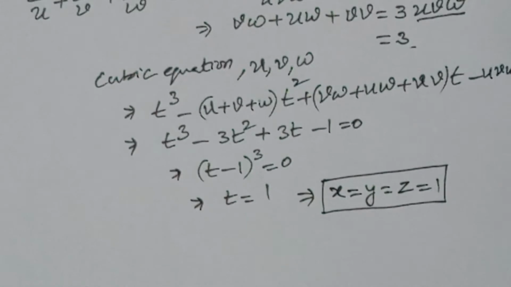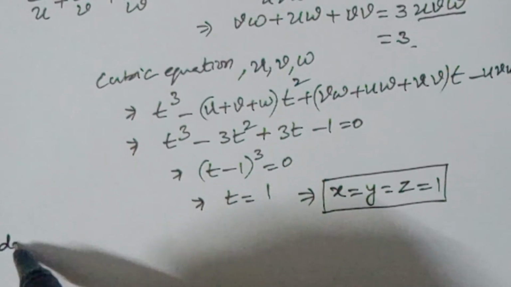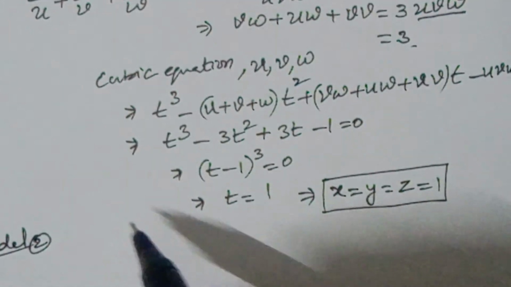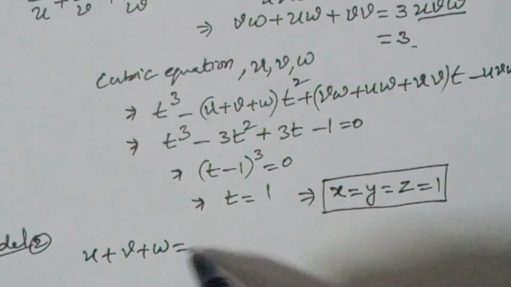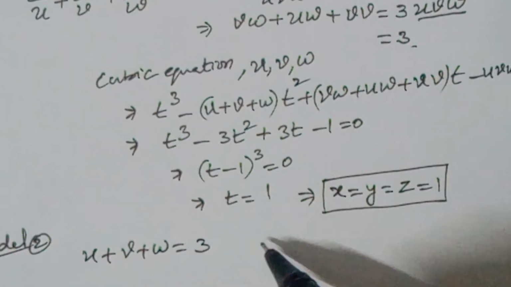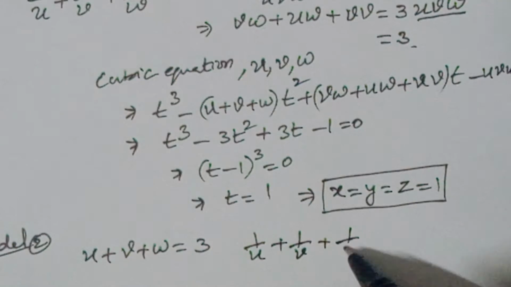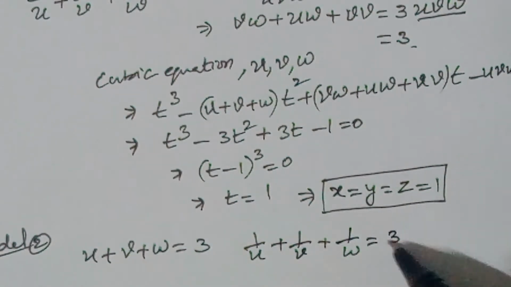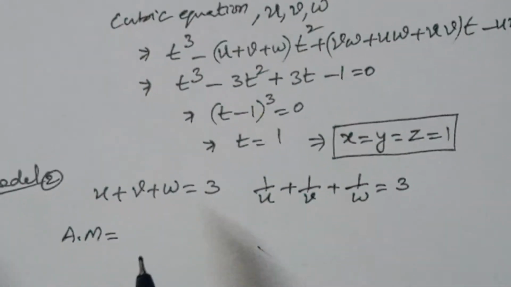So now the second method, method 2. Given u + v + w = 3 and 1/u + 1/v + 1/w = 3. Now I am finding AM.